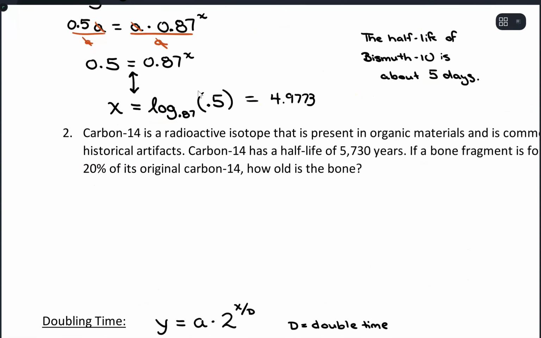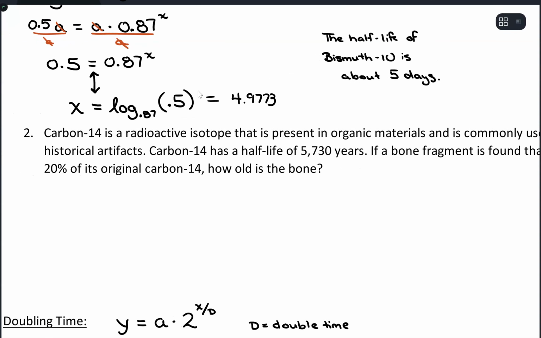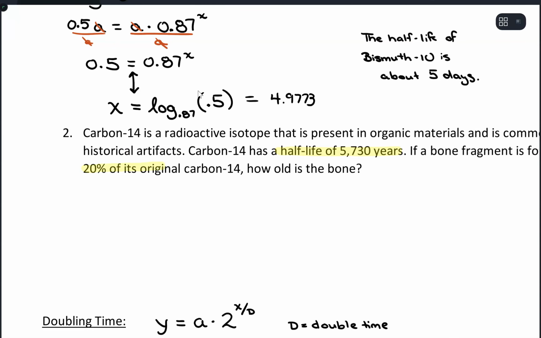Okay, carbon-14 is a radioactive isotope that is present in organic materials and is commonly used for dating historical artifacts. Carbon-14 has a half-life of 5,730 years. Let's go ahead and highlight that. So we have this half-life, 5,730 years, and we found a bone fragment, and it contains 20% of its original carbon-14 matter.